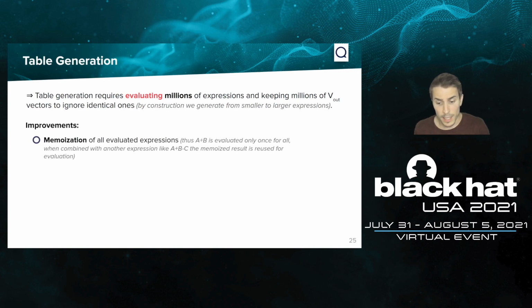So what we did is two interesting things. First, memoization of the intermediate values. For instance, a plus b will only be evaluated once, and then the result will be recombined with all the other operators and expressions, but we keep it in memory.